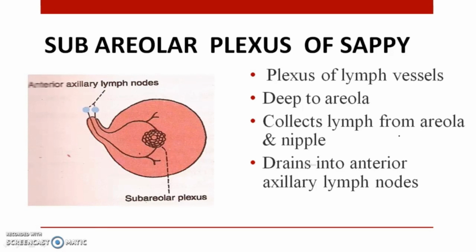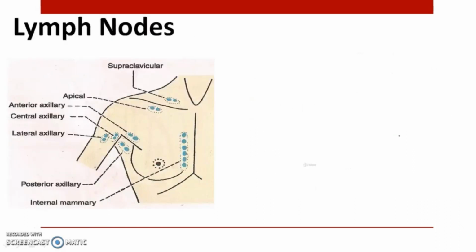Here also the plexus is present in the areola and drains especially the nipple and areola region. After that, it drains the lymph into the anterior axillary lymph nodes.